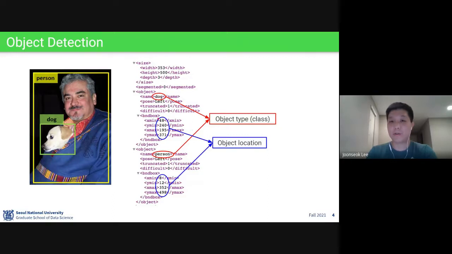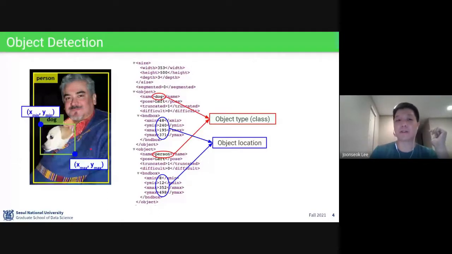A bounding box always has 4 components, sometimes in different forms. For example, in this one, it specifies the leftmost and topmost x, y coordinate, and the rightmost and bottommost coordinate of the other point. So by specifying these 4 coordinates, we can specify the bounding box. A bounding box is always a rectangle, specified by these 4 numbers. This dataset provides x min, y min, x max, and y max.